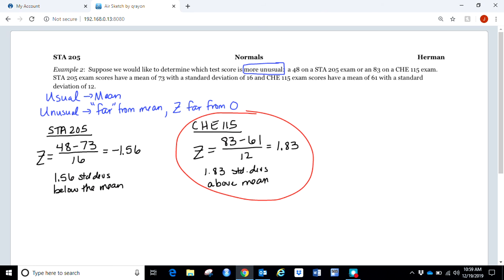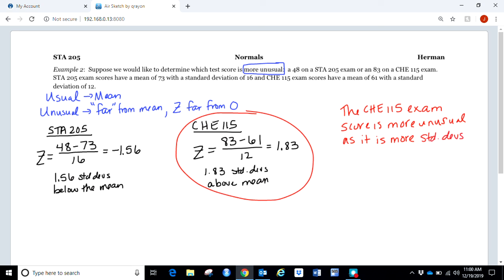So this Chemistry 115 exam score is more unusual as it is more standard deviations away. Because again, I don't care about directions. It's more standard deviations away from the mean.